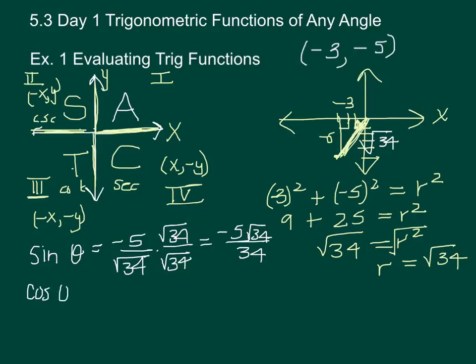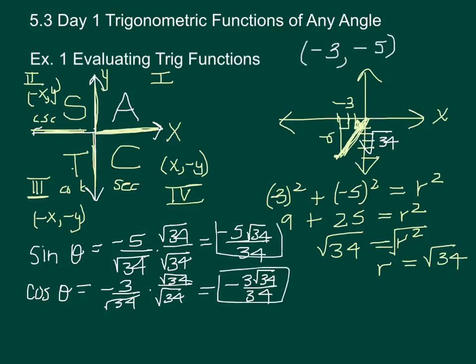Cosine would be adjacent over hypotenuse. And we do the same, rationalize the denominator. And then tangent theta is opposite over adjacent, and negative divided by negative is a positive.